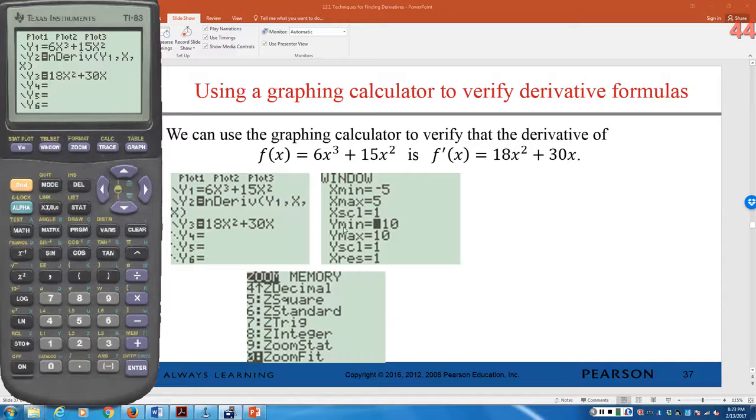And I set my window up to go from -5 to 5 just because all the good stuff happens there. You could just go zoom 6 too. So what I see there is it's still graphing, but there's no more graph coming up.